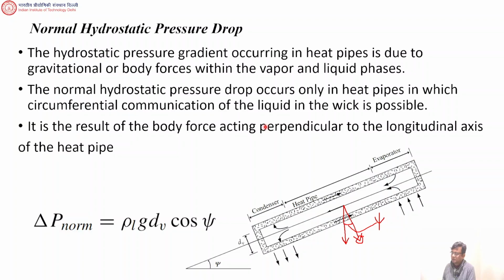This is the hydrostatic pressure drop, shown for a heat pipe which is at some angle to the horizontal. The angle which you see is some psi, and this is the diameter dV. dV is the diameter of the vapor core.